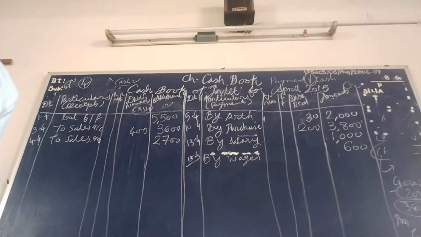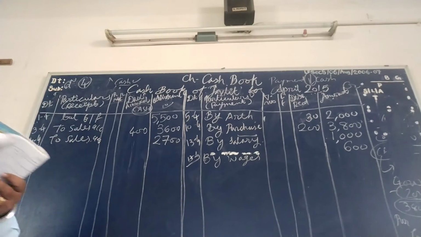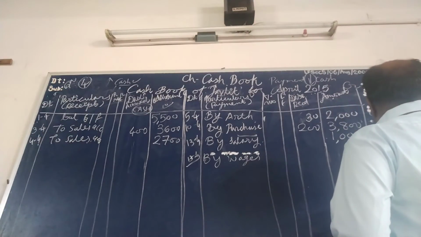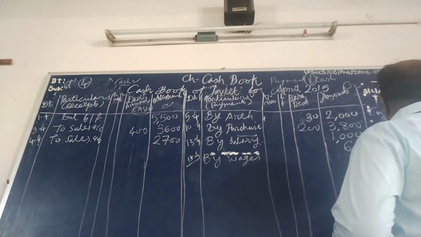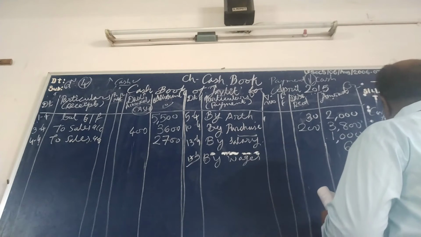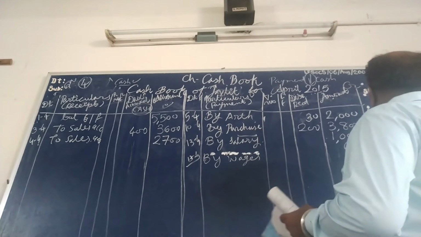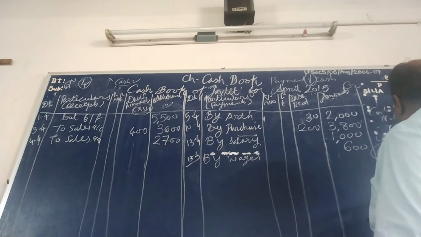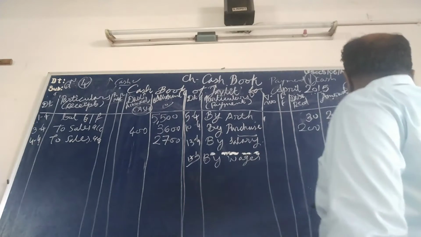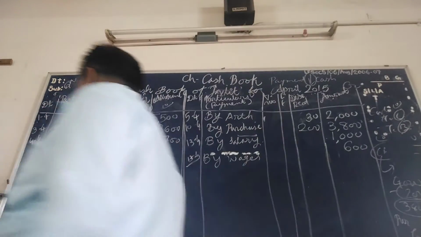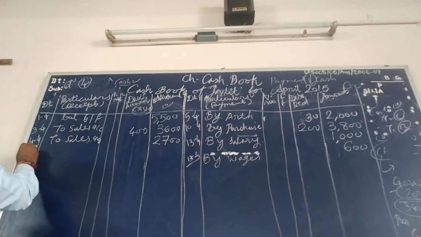Now 15th of April, commission 100 received and brokerage 900 received. So cash account debit to commission and to brokerage. So commission and brokerage we received. So cash account will be debited in the form of commission and brokerage. So we write here to commission and to brokerage on the 15th of April.